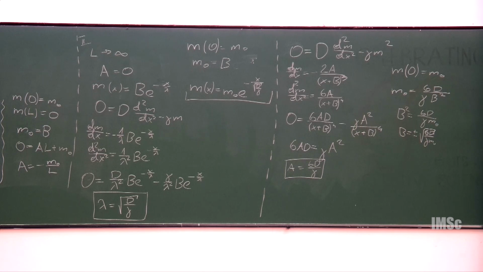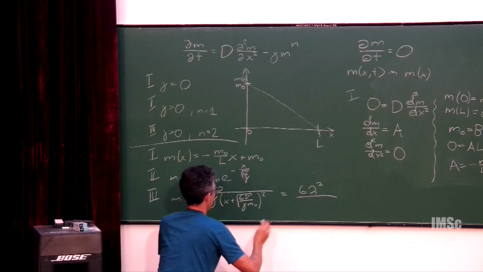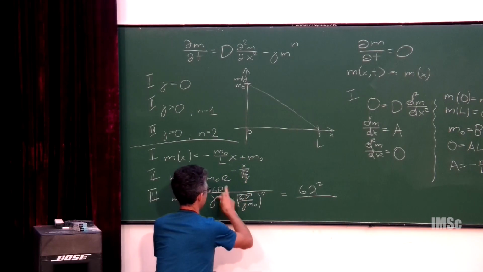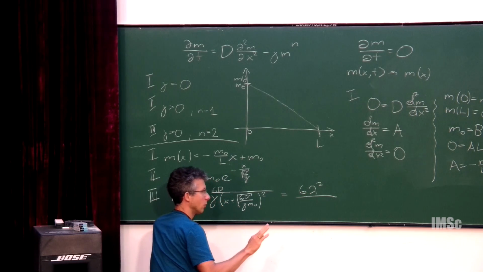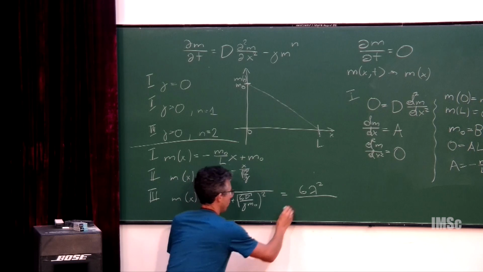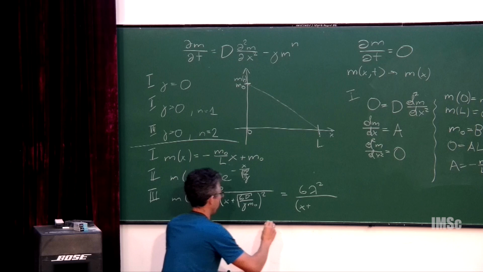What you can also notice here, when you look at this, this was supposed to be gamma. Then this is a characteristic length scale. This is just an observation that you get: something that has units of length squared divided by something that also has units of length scale.